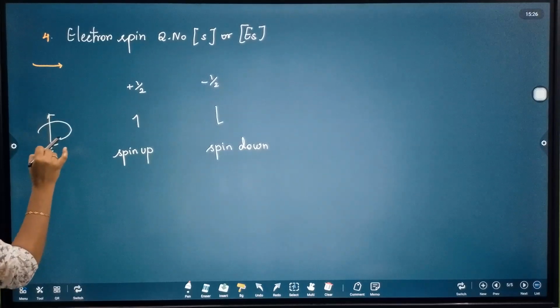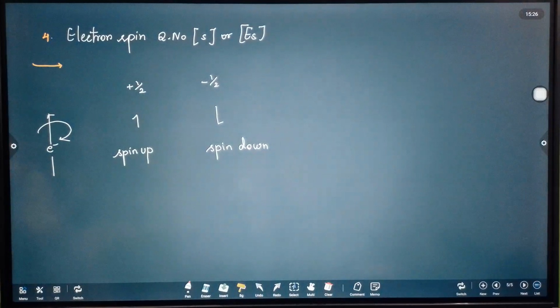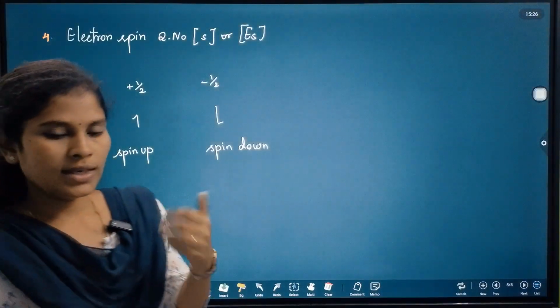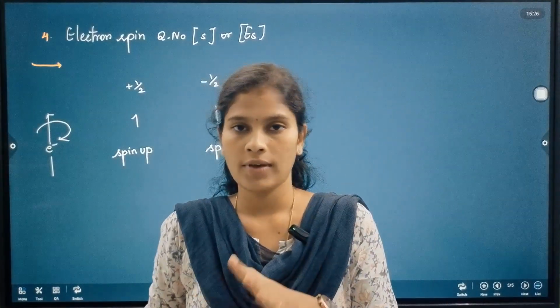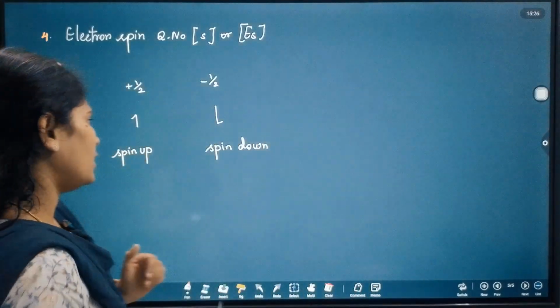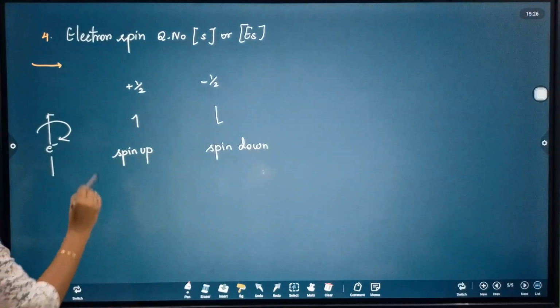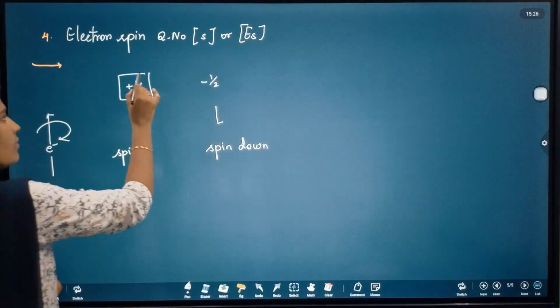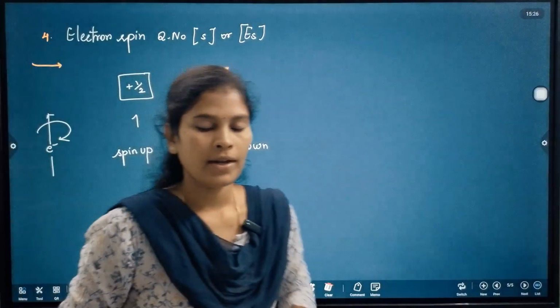If I give clockwise as +1/2, anti-clockwise will be -1/2, or -1/2 as clockwise and +1/2 as anti-clockwise. It's a relative spinning direction. So the value can be +1/2 or -1/2. It will not be 1, 0, 2 like that.